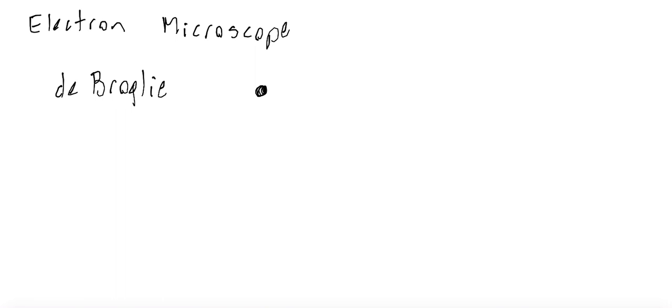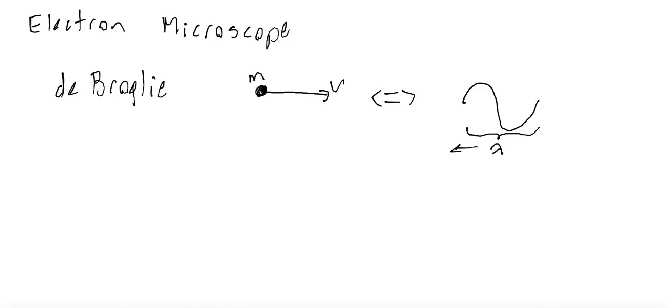So on one side we have a moving particle which has mass and travels with velocity v. On the other hand, this particle has an equivalent of a kind of wave of a certain wavelength, and this wavelength depends on the momentum of the particle, so on two quantities, its mass and its velocity.